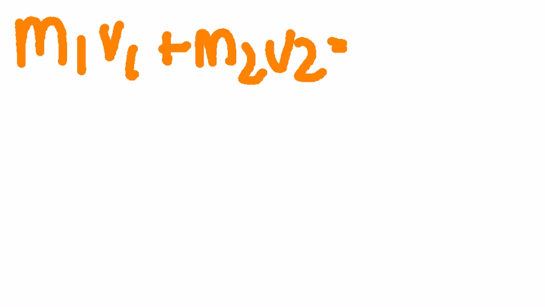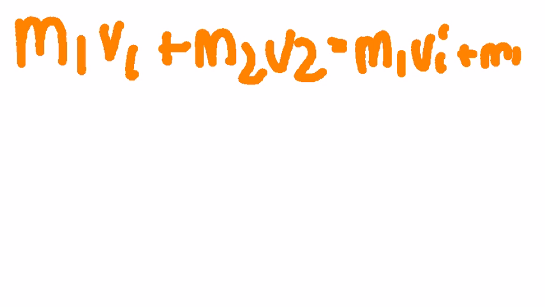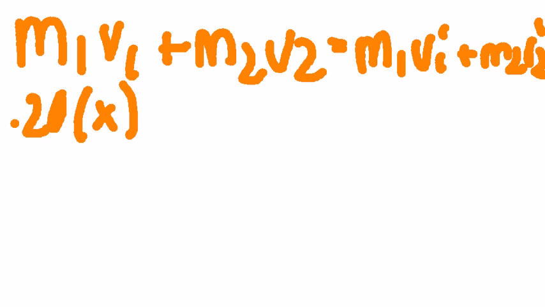So after we have that all figured out, we're going to plug our numbers into the equation. M1 V1 plus M2 V2 equals M1 V1 prime plus M2 V2 prime. M1 is going to equal 0.20, and the velocity is going to be x, because that's what we're looking for.